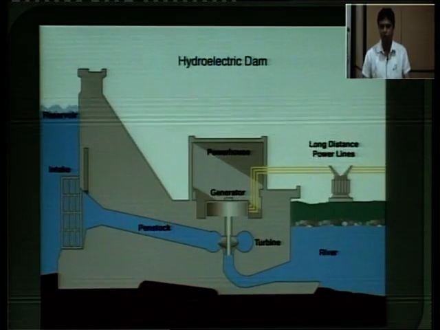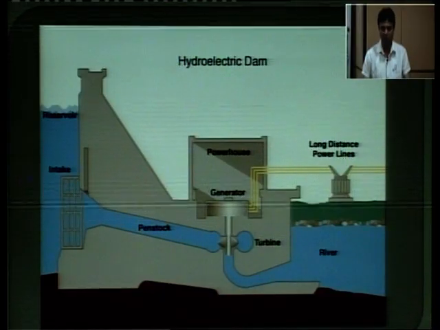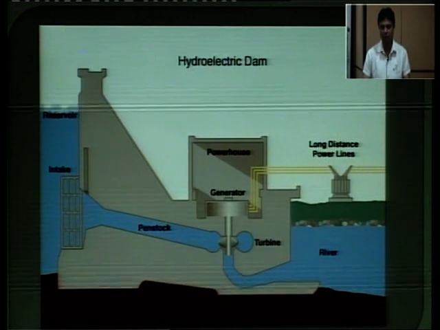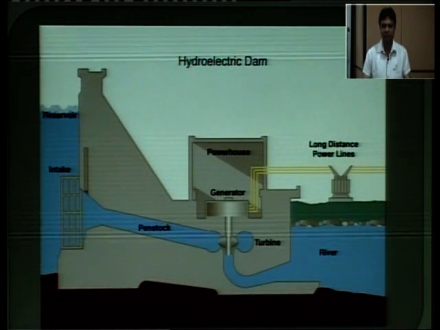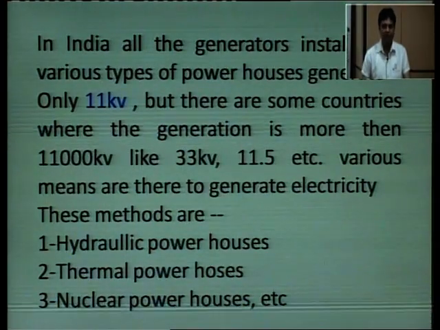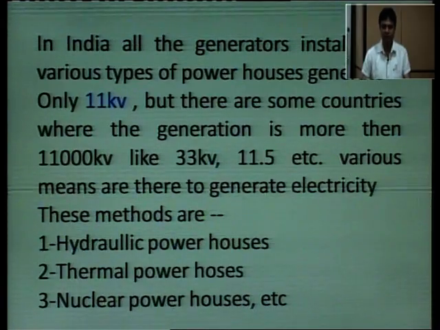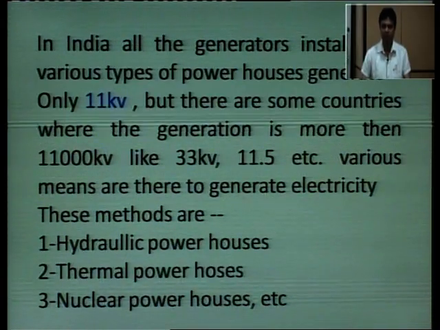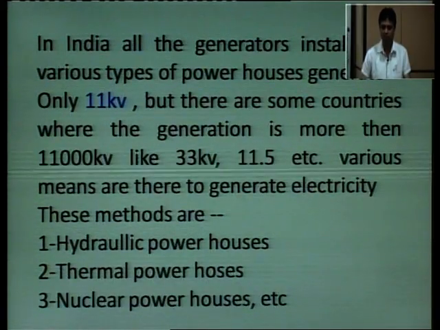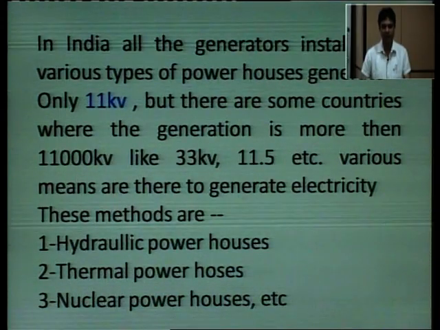There are so many means of power generation. This picture shows generation by hydraulic dams. In India, all the generators installed at various types of powerhouses generate only 11 kV.